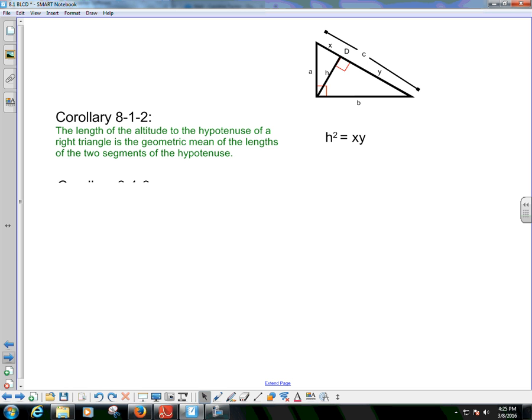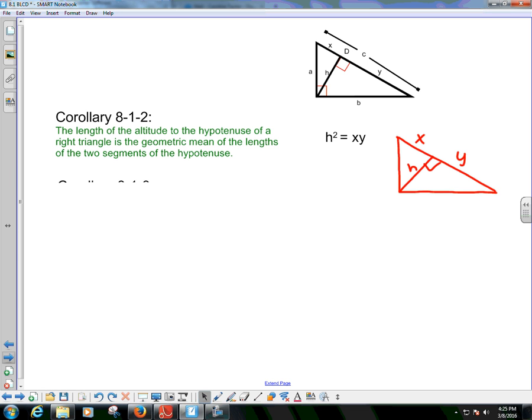All right, so I have this original right triangle, and I put in an altitude. The altitude hits the other side at a right angle. And I have these two segments, X and Y, and my altitude is H long.